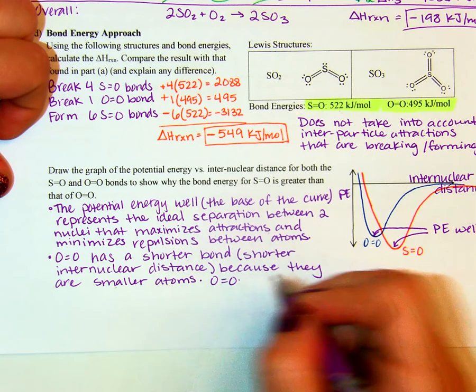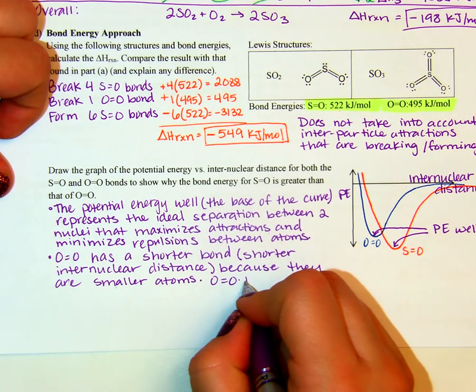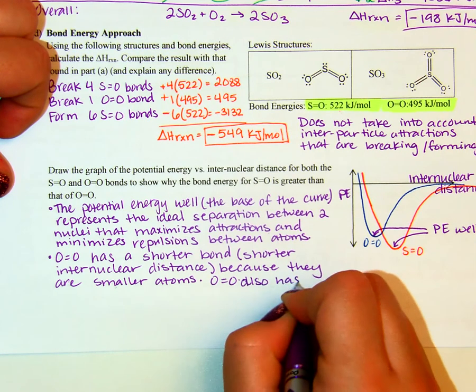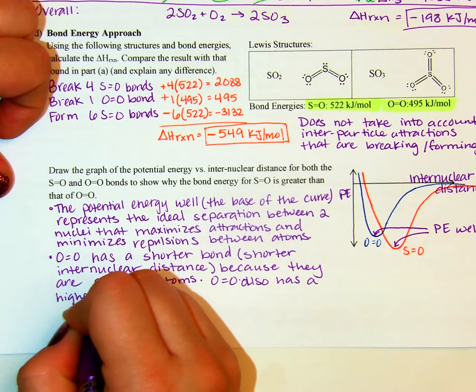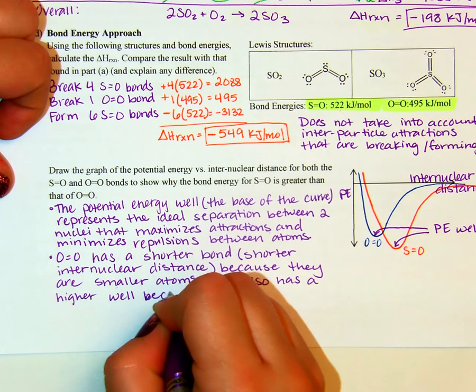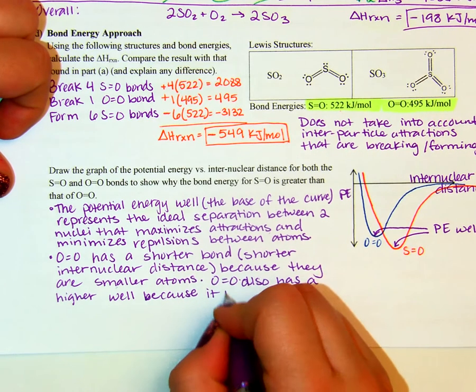Oxygen, oxygen, or dioxide, also has a higher well because it has a smaller bond energy.